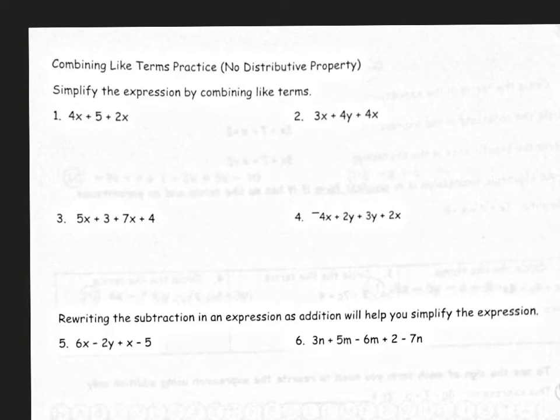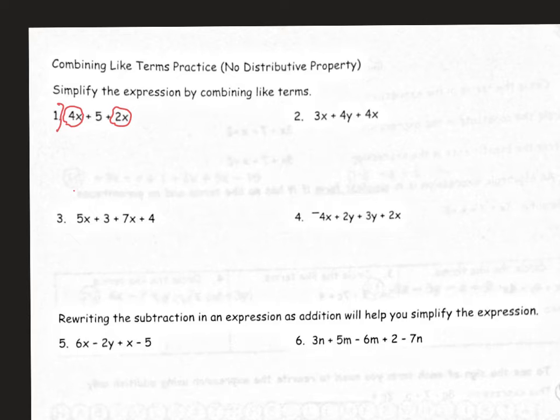As I look through, number 1 says 4x plus 5 plus 2x. So I notice that 4x and 2x have the same variable in them. I also notice that everything is addition, so that's really important.